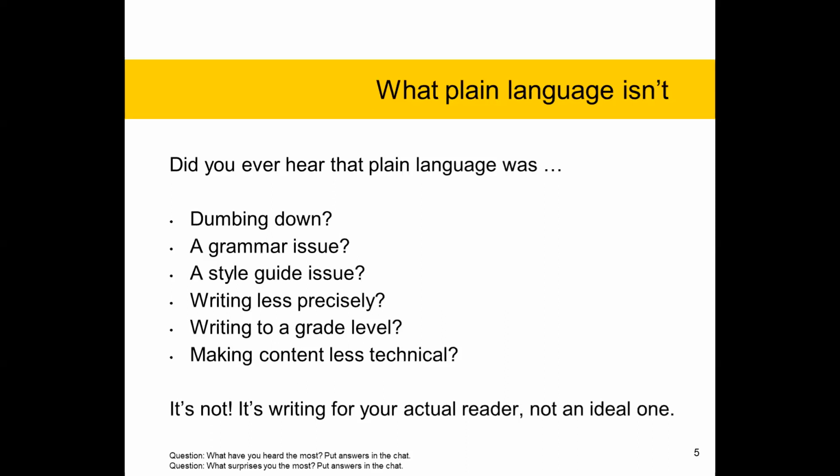So that's one thing. You know, people say, oh, it's grammar or style guide, and it's not. Plain language never says, don't use grammar. Many of us came from editorial backgrounds, and it's really hard to shut off grammar. But just because something is grammatical does not necessarily mean that it's in plain language. Those are two separate things. And it's not a style guide issue.